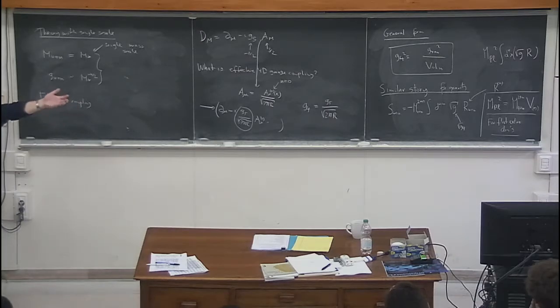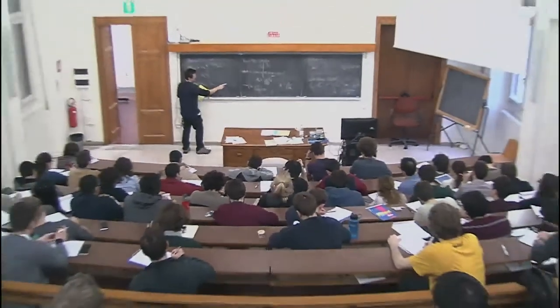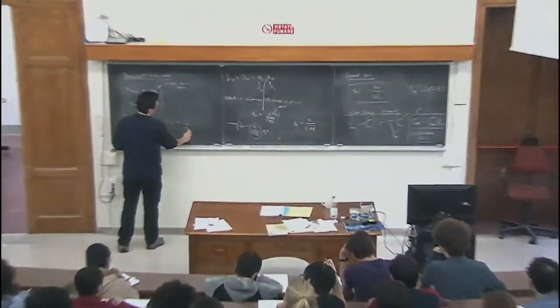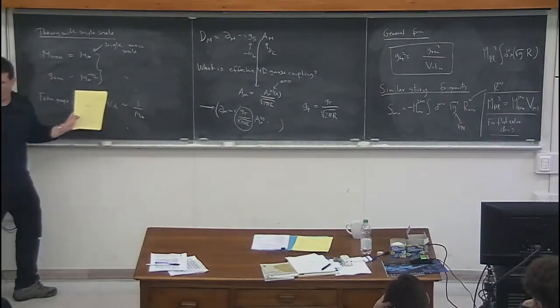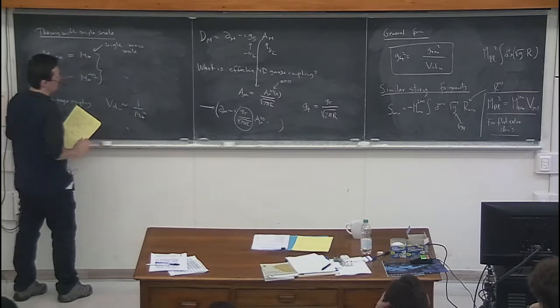Those are order 1 dimensionless numbers. So that will tell me that the volume is set by 1 over M star to the appropriate power, whatever the dimension is. So n dimensions would be this.